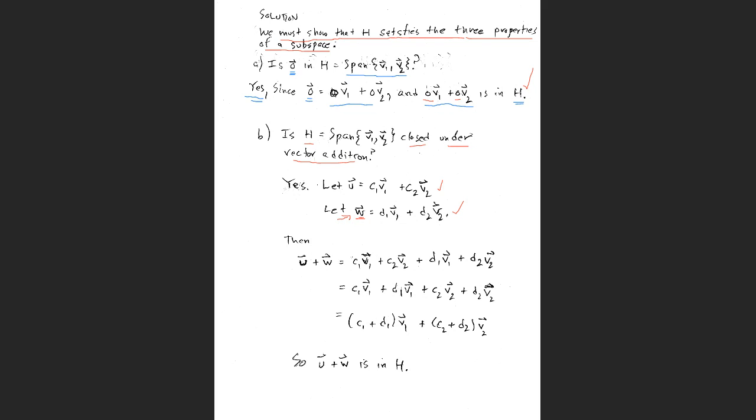Both are in the span of v1 and v2, clearly, because both vectors are linear combinations of v1 and v2.